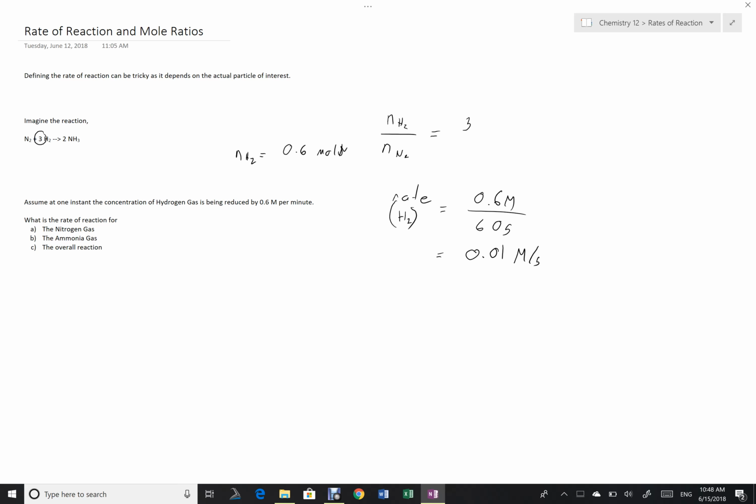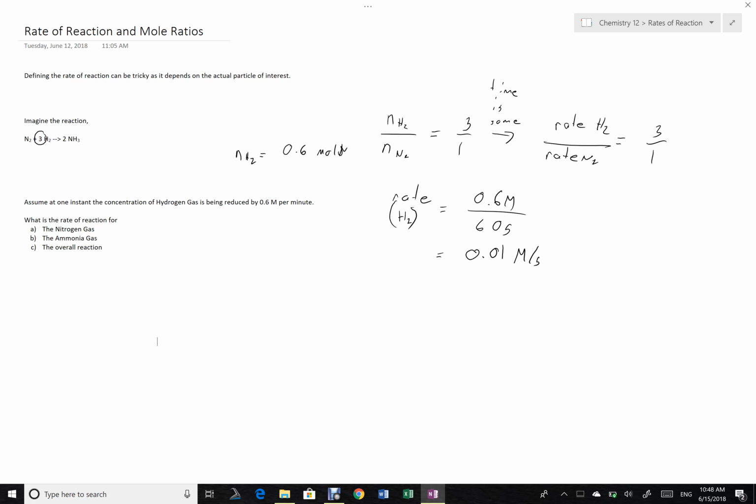That they would be in a 3-to-1 ratio. Well, since this is moles per time and the time is common, this same ratio can be used for the rates. So since time is constant for both, if this is the ratio of the moles, this is also the ratio of the individual rates for the individual species.